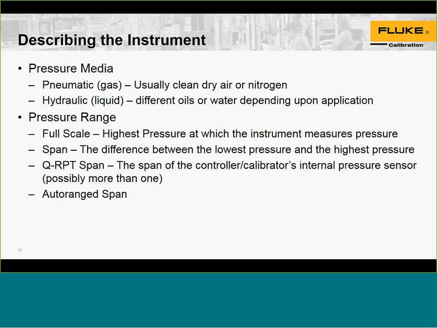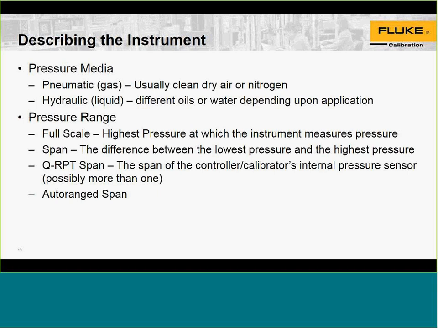Overall, there are a number of things we do to describe the instrument. The first aspect is, what is the capability of the instrument? This brings us to the most important, which is the pressure media. Like earlier in pressure calibration, it's pneumatic or hydraulic, and that specifies the instrument type and what it can be used to do. For pneumatic, we typically use nitrogen or air, a clean, dry source.